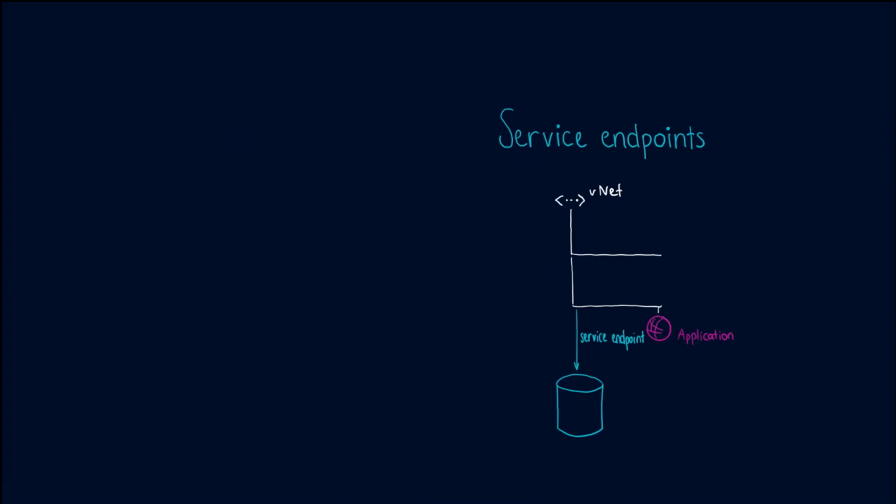And remember, with service endpoint, I'm telling the subnet, hey, you can connect to Azure SQL, for example, from this particular subnet. And on the database side, I'm telling, hey, I will receive traffic from this particular subnet. So you're allowing that. So you can have an application in the same subnet as your database, and then that application is able to reach that database.